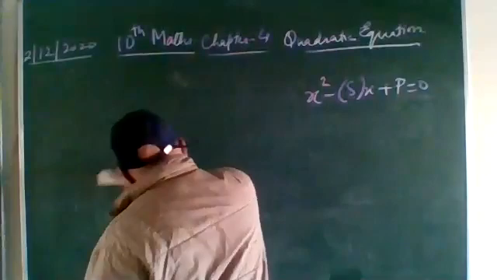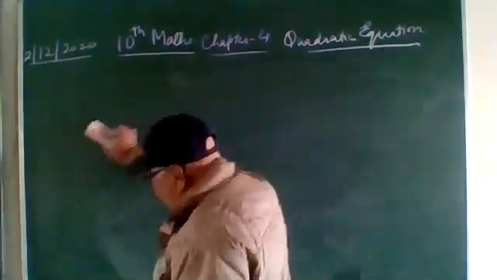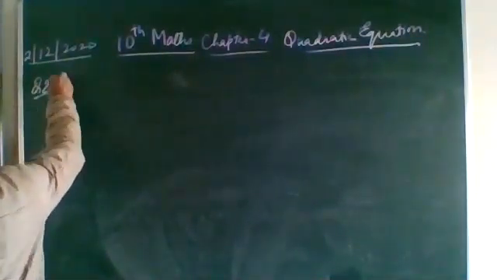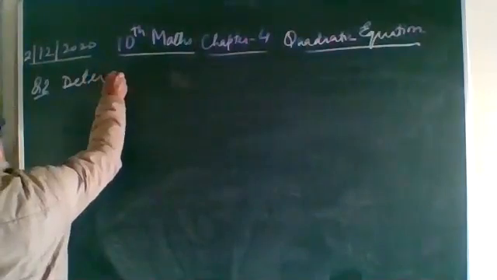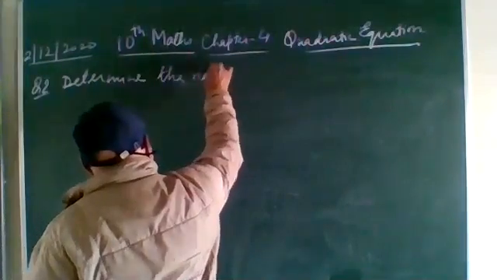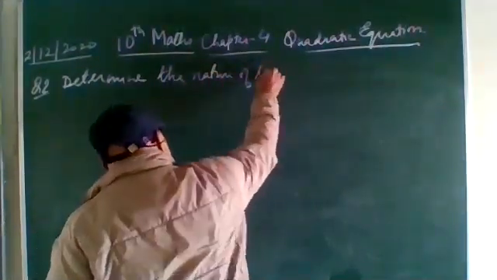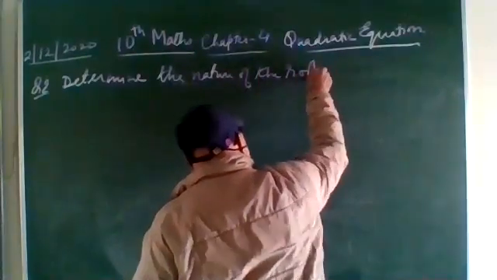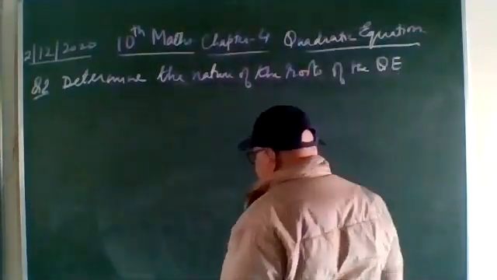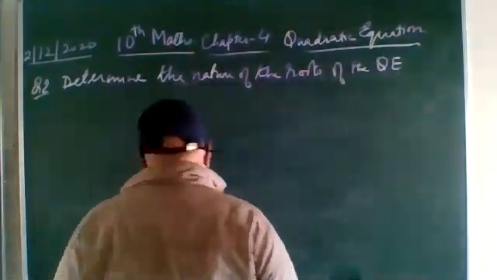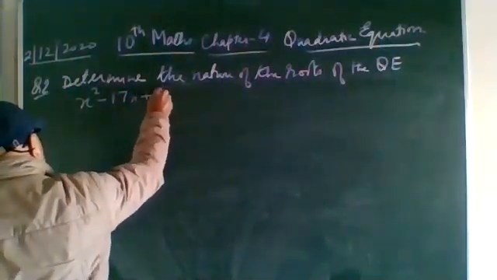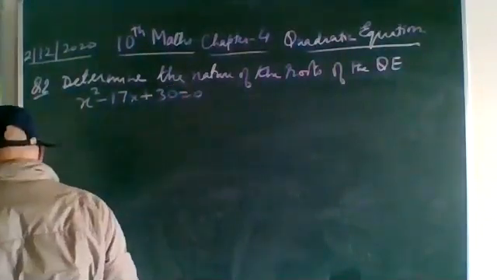Now the question may be: determine the nature of the roots of the quadratic equation x square minus 17x plus 30 equal to 0.